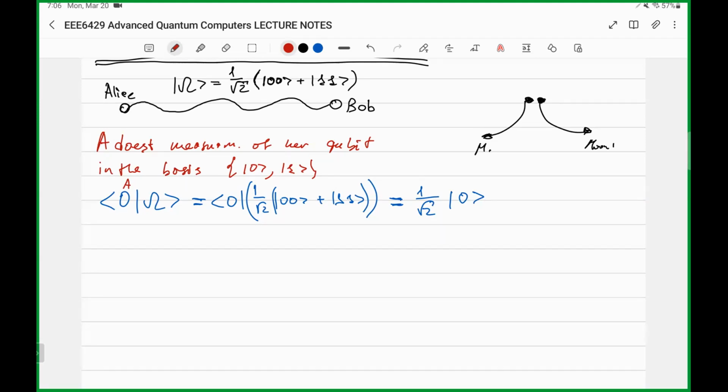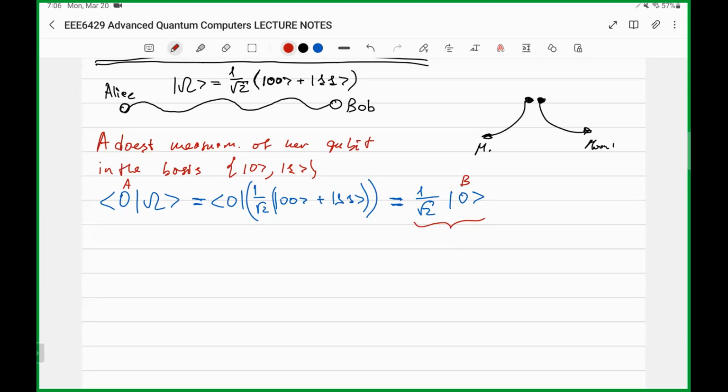Once Alice does the measurement, this measurement destroys the entanglement. And what Bob's qubit gets is basically state 0. So this is the state of Bob's qubit.